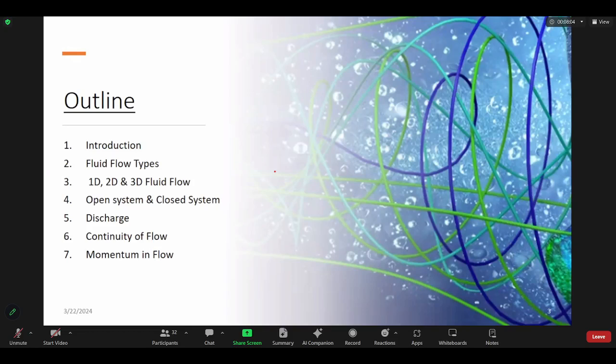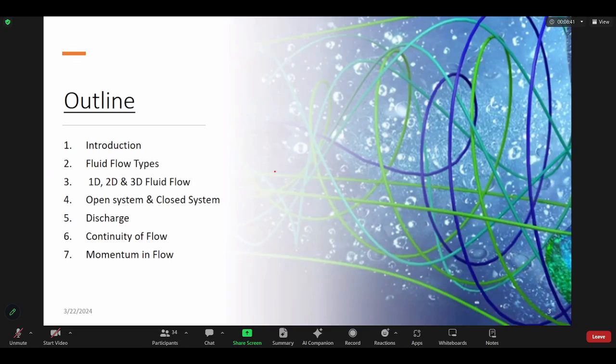Firstly I will introduce what the things in this lecture are, and after that we will discuss fluid flow types, one-dimensional, two-dimensional, and three-dimensional fluid flow, and we can identify open systems and closed systems. We will cover the meaning of discharge and how we can calculate it, and finally the applications and some calculation parts.